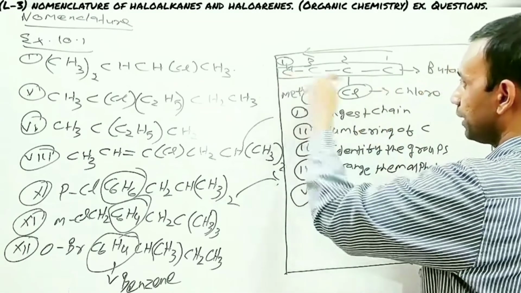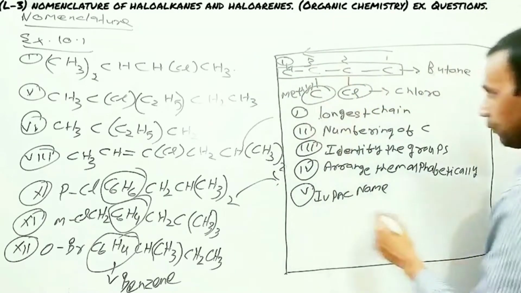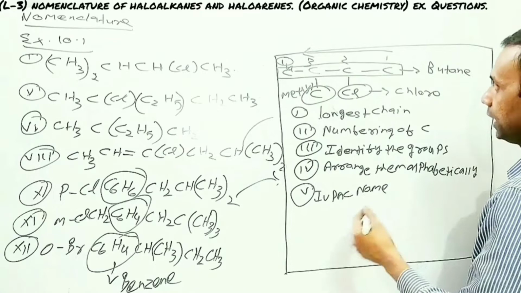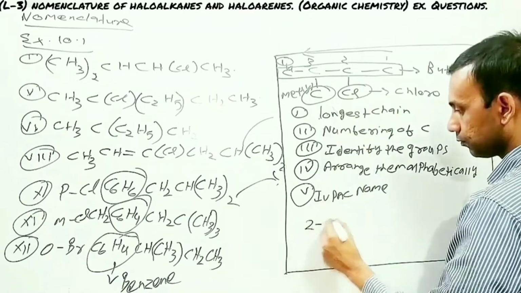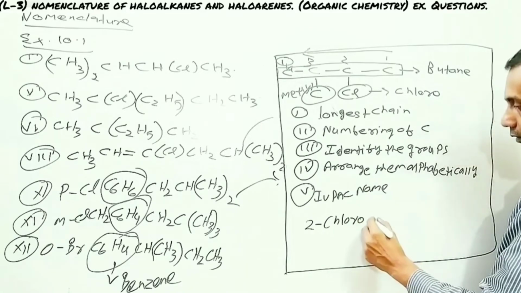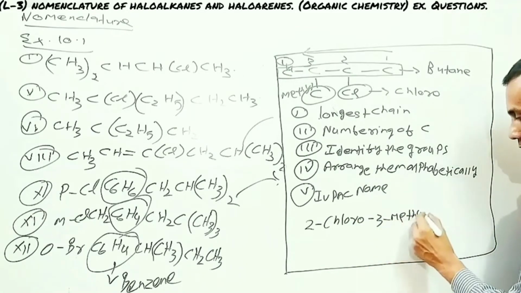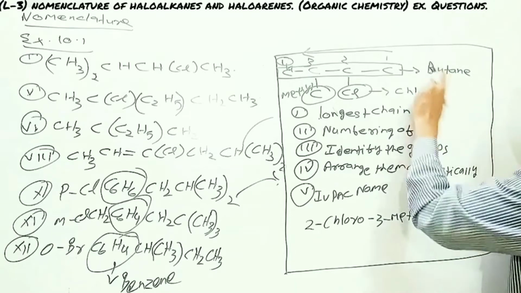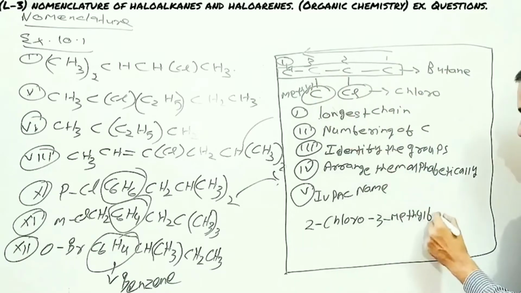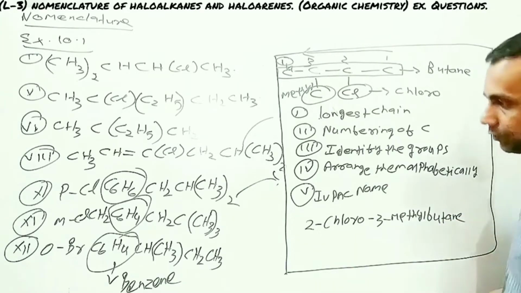From this way, chlorine is coming on third, but from this side it's coming on the second. So now we can write the IUPAC name, right? So it's 2-chloro, 3-methyl, and finally you have 4 carbons in the chain, so it's going to be butane. Right? So that's the first one.